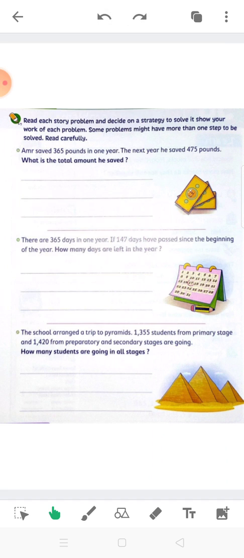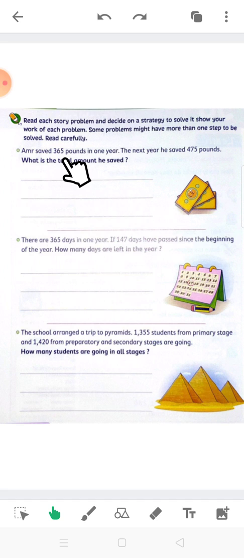Okay, let's see here. Read each story problem and decide on a strategy to solve it. Show your work for each problem. Some problems might have more than one step to be solved. Read carefully. Let's start the first problem.